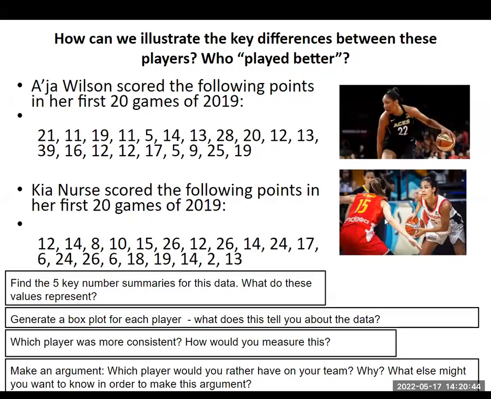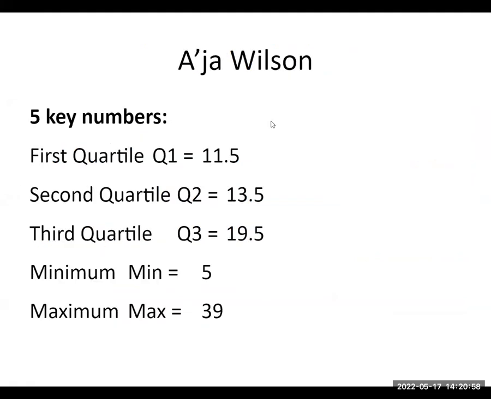Okay, everyone, let's check your answers for your half. For the people that did Aja Wilson, please check your numbers. If you didn't miss any numbers, you should have this as your data, your 5 key points.